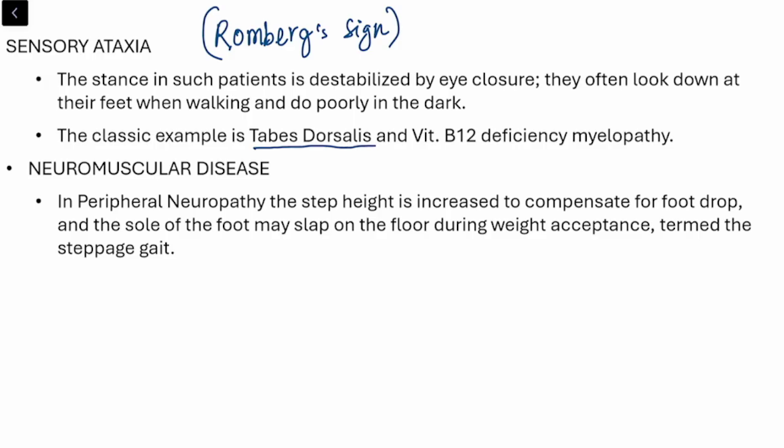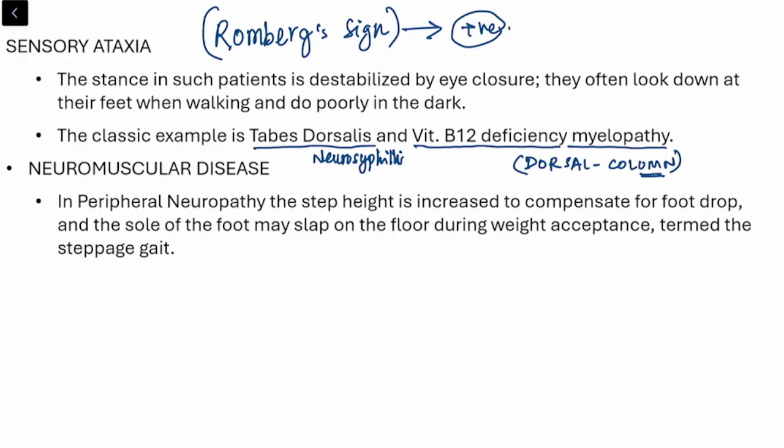Tabes dorsalis means neurosyphilis. Whenever a patient of neurosyphilis or vitamin B12 deficiency myelopathy, by myelopathy I particularly mean dorsal column. When dorsal column is involved and you close the eyes of the patient and the patient falls, it means the Romberg sign is positive. Sensory ataxia. This is sensory ataxia.